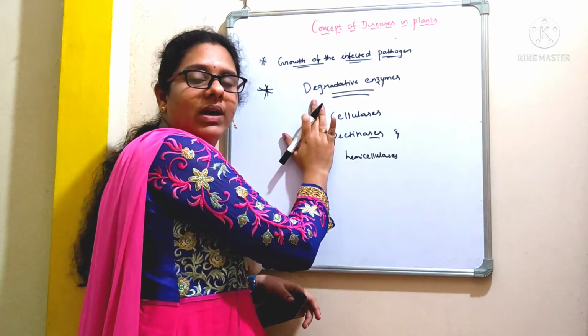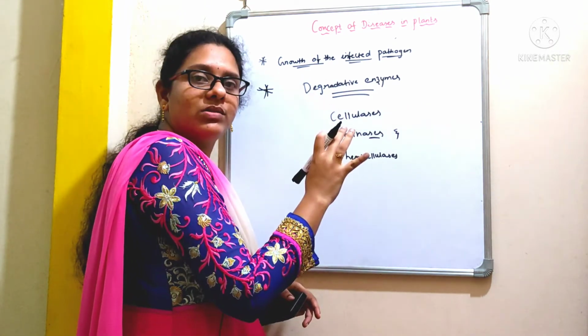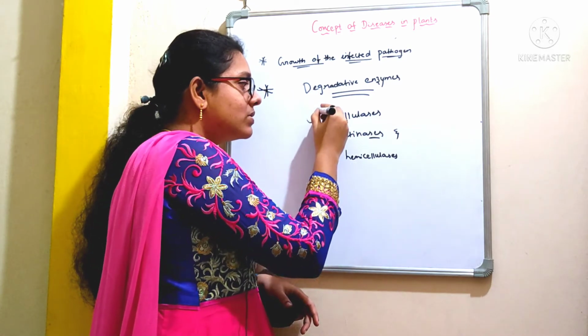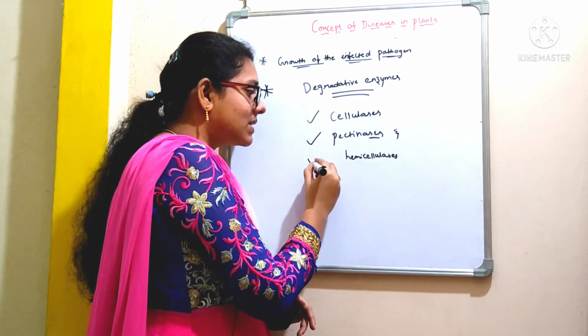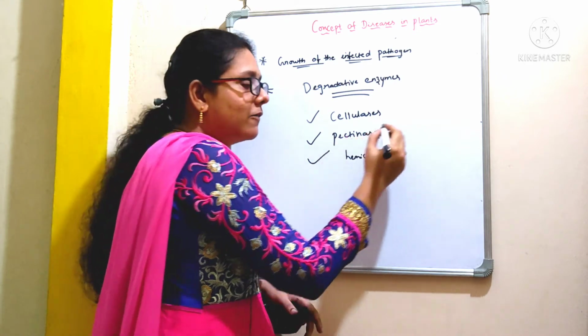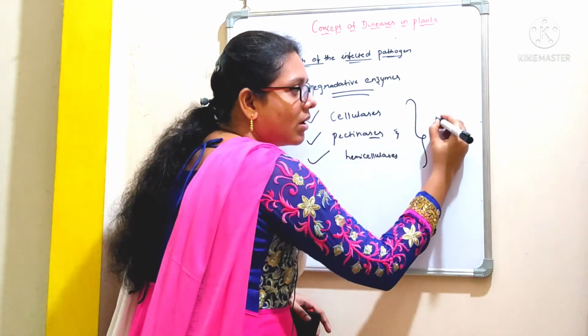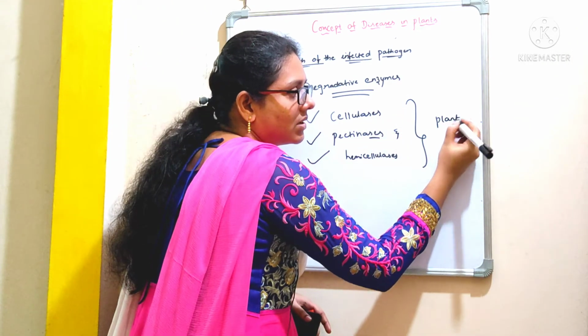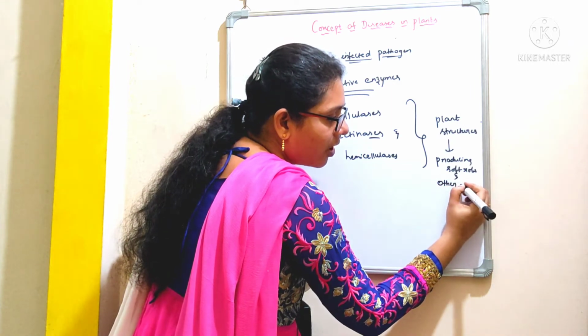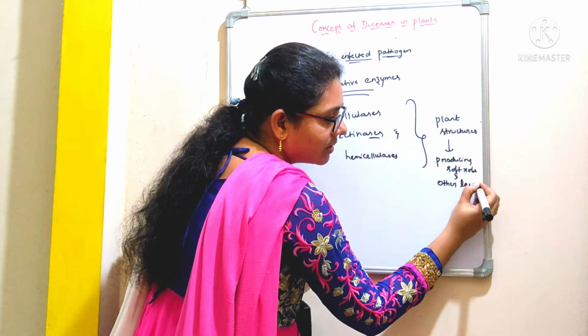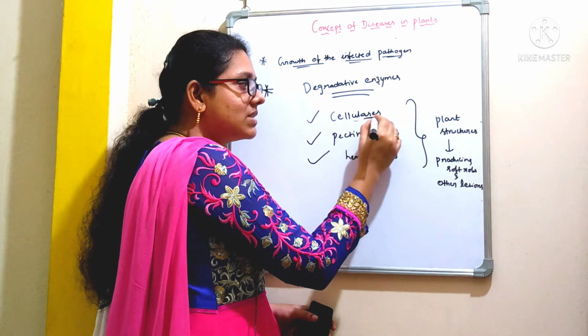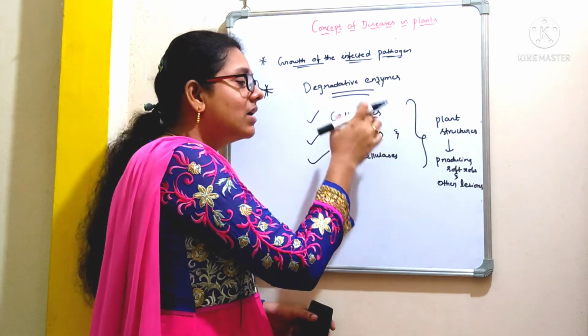Coming to the degradative enzymes, some plant pathogens are capable of producing cellulases, pectinases and hemicellulases, which result in the destruction of plant structures, producing soft rots and other lesions. See, these are the enzymes. Ase is the suffix given to an enzyme, right?